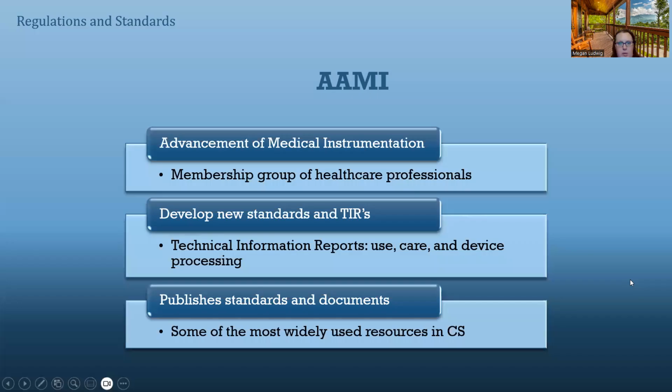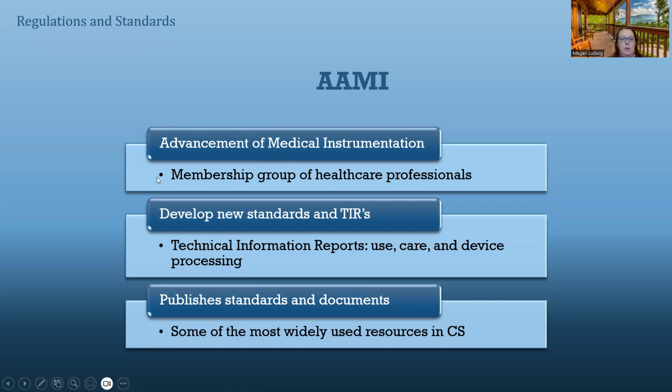So another agency that you've probably read about by now, or we've talked about, is the AAMI, or sometimes they call it AMI, just for short. It stands for the Advancement of Medical Instrumentation. So central sterile processing definitely would make good use of their regulations. They reference them a lot in their types of practices.